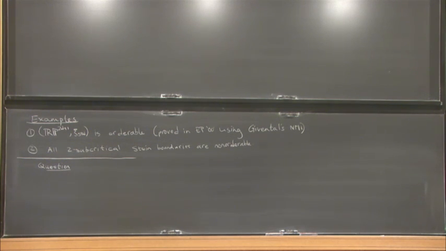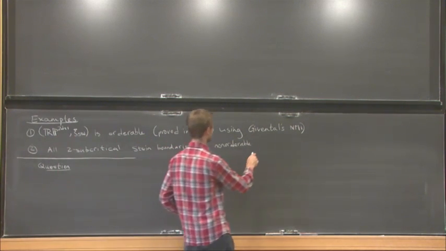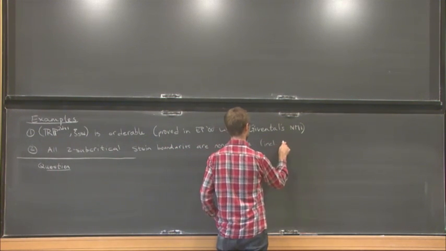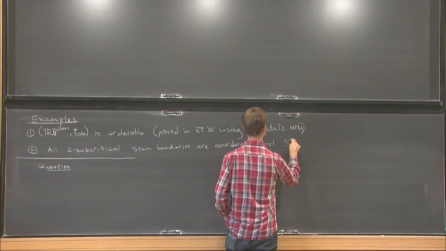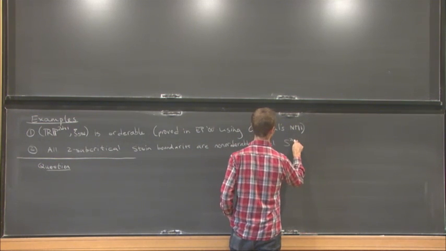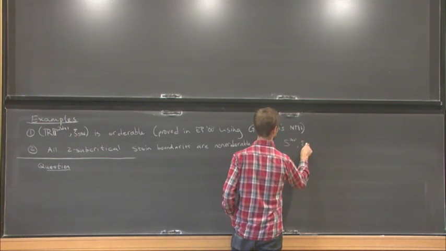In the subcritical case, the highest possible Morse index of a critical point is n minus 1, and this includes standard contact spheres, S2n plus 1 with the standard structure.